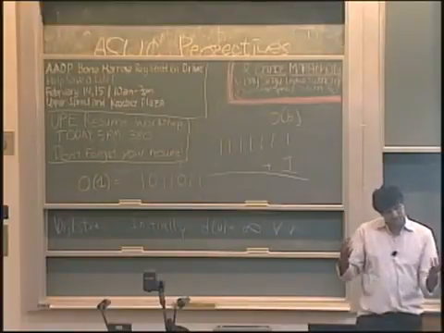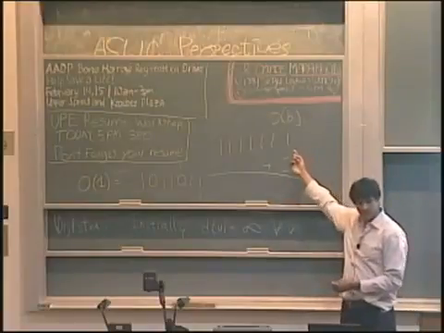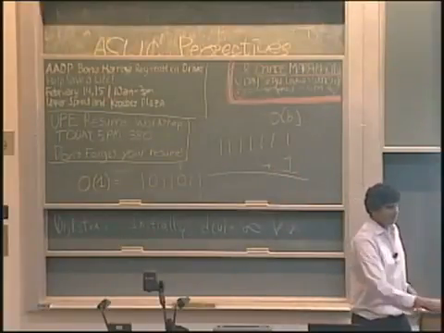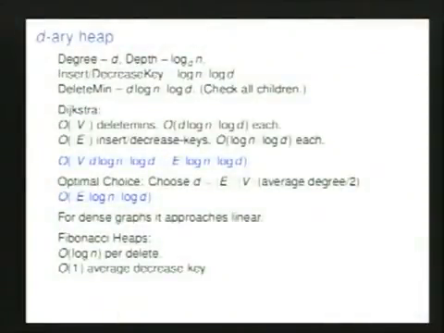On the other hand, occasionally I'm going to pay a lot. And that's what this Fibonacci heap has. It has the same sort of property. So usually the decrease keys don't cost much. You don't bubble very far up the tree. But occasionally you go all the way up the tree. Occasionally you get this big disaster where you have to change everything. This is the way this data structure works.